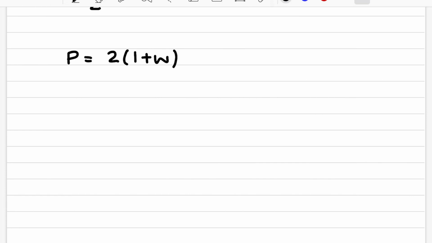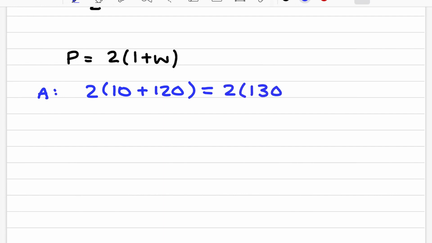So you could just try out every single option that you're given. So option A is 2 times (10 plus 120). And remember, you're doing what's in the brackets first. So that's 2 times 130, which will give you 260.